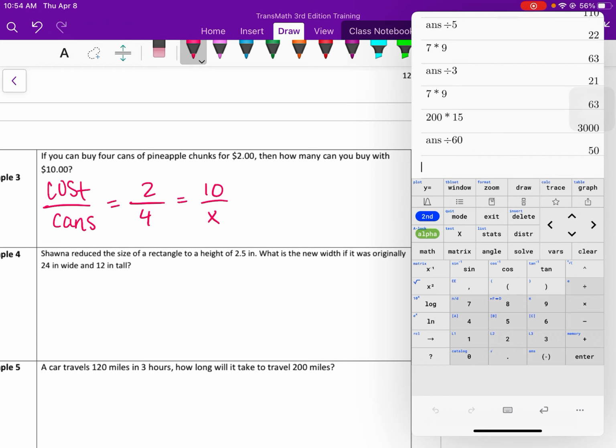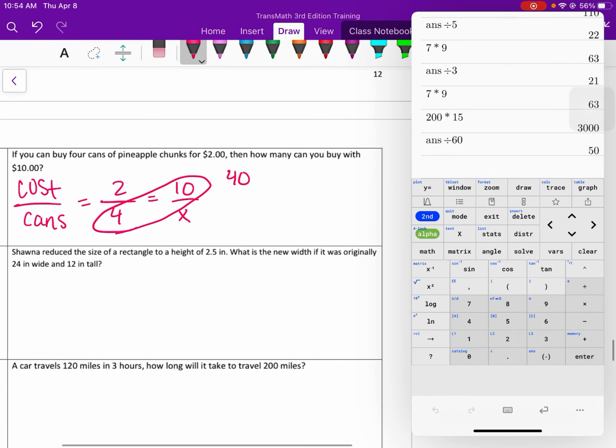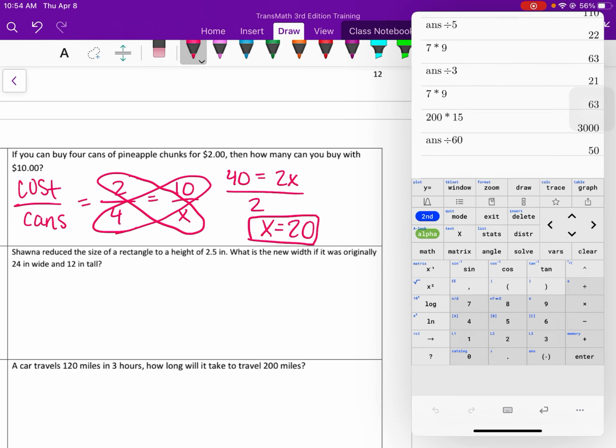And $10 over x. So you're going to do 4 times 10, which is 40. And then 2 times x, which is 2x. Then you get 40 equals 2x. You divide by 2. And then x equals 20.